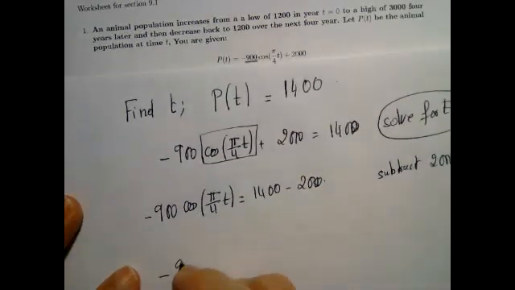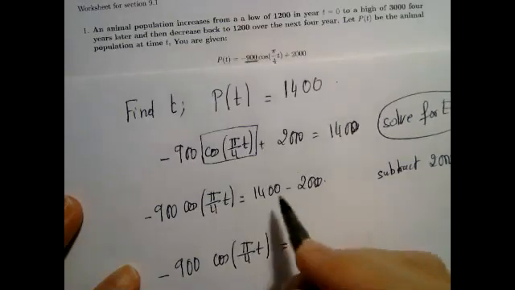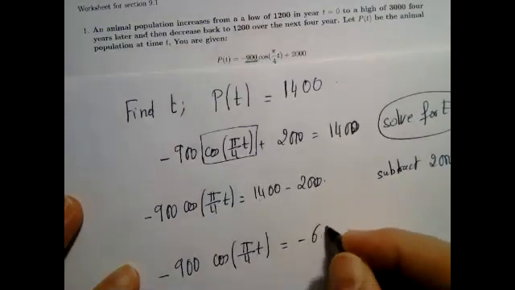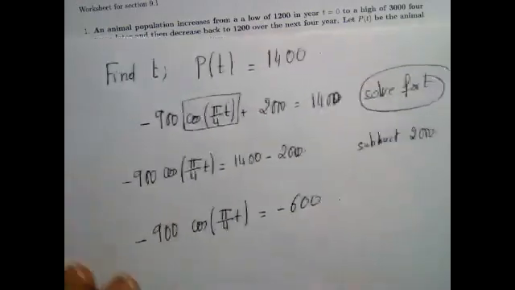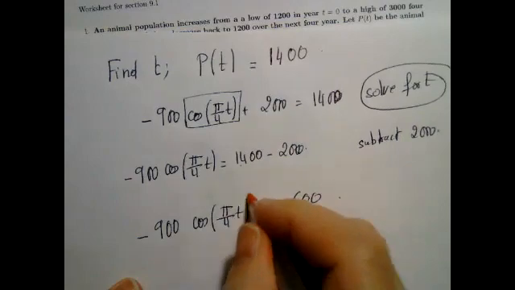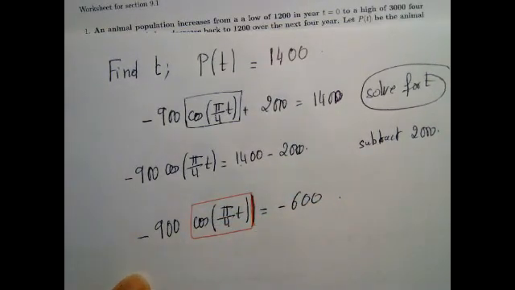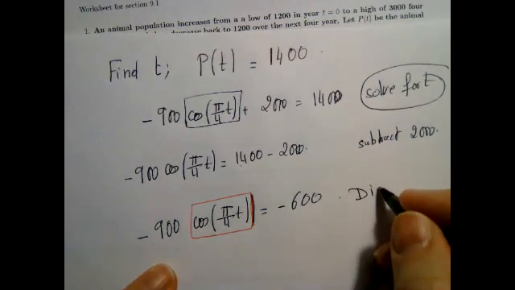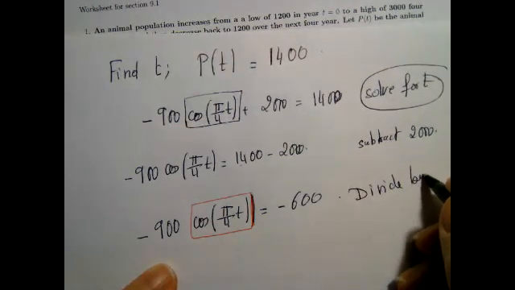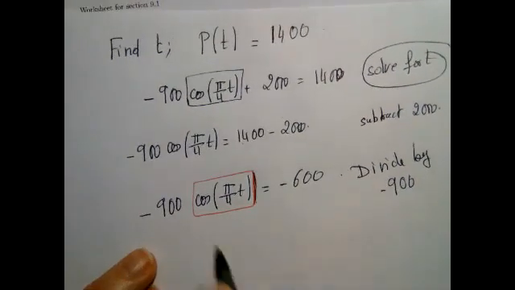It means minus 900 times the cosine is equal to minus 600. So now I need to isolate that term right here. To isolate this, I'm going to divide by minus 900. And then I will get the cosine by itself.